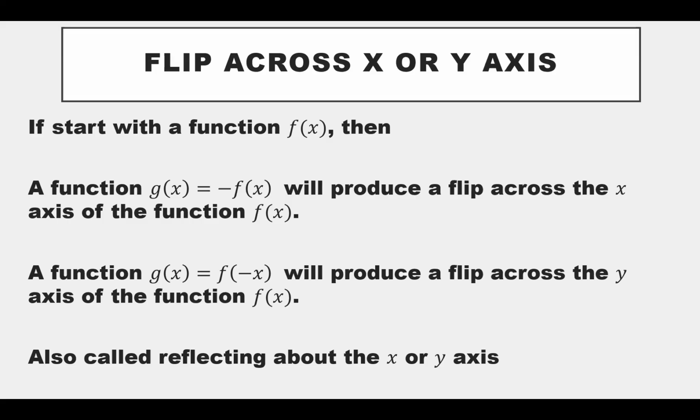Well, if I start with a function f of x, and I create a new function by taking the negative of f of x, that will flip my function's graph across the x-axis. If you think about it, every positive y value now becomes a negative y value. Every negative y value now becomes a positive y value. So that's going to flip it back and forth across the x-axis.